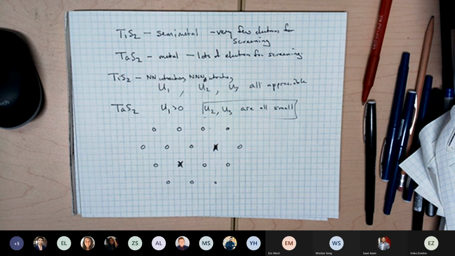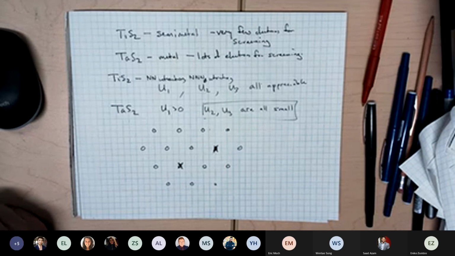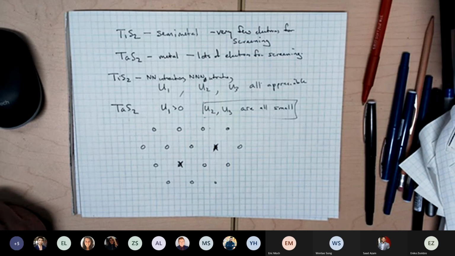I think in these materials, especially in tantalum sulfide, the electrons are fully delocalized. So I don't know whether the valence electrons are very delocalized. So I don't think it makes sense to talk of titanium 4+ and titanium 3+ in a system like that.